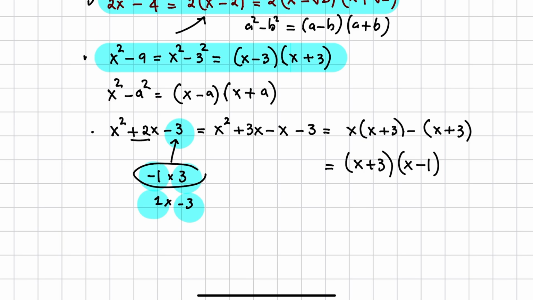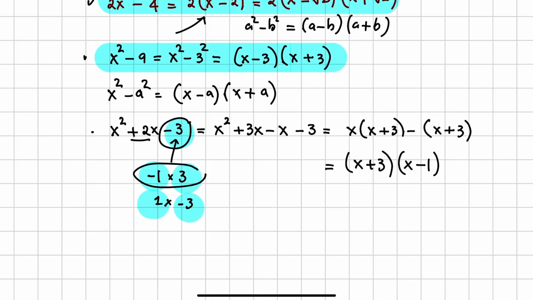Not all quadratics can use this method, because sometimes the pair of numbers that multiply to the constant at the end cannot add up to the middle coefficient.